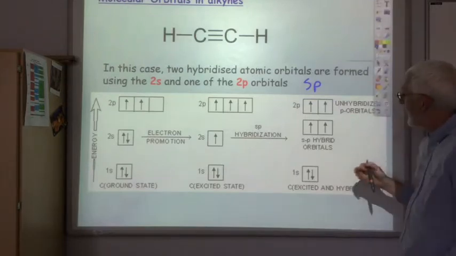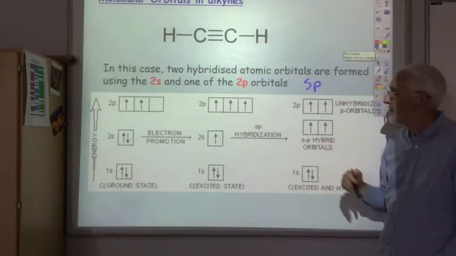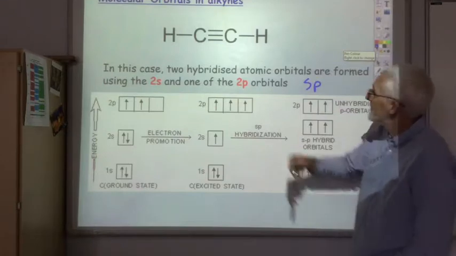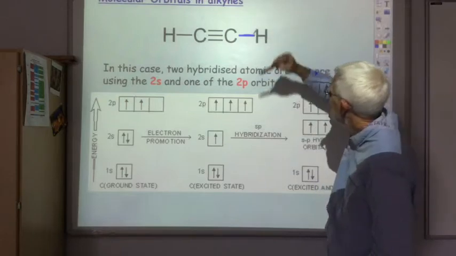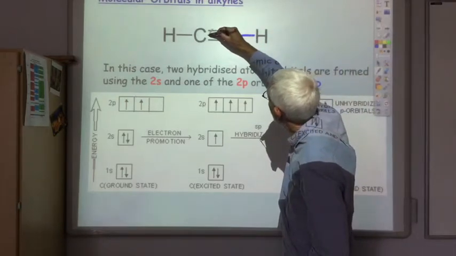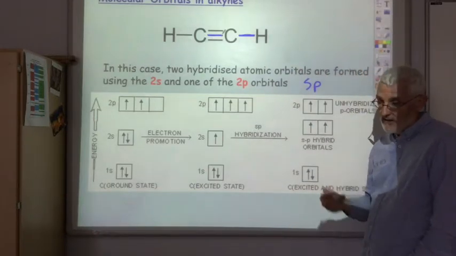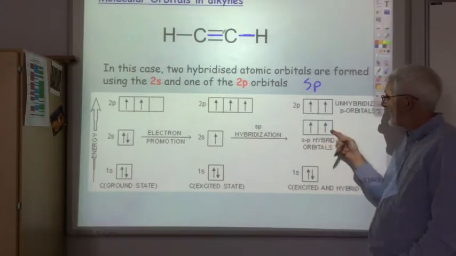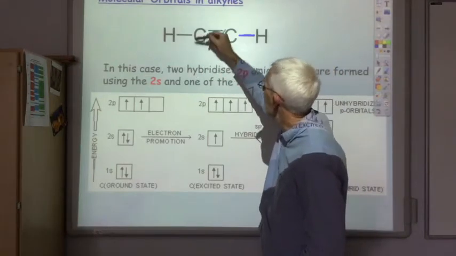So, as before, the hybridized orbitals form sigma bonds with end-on overlap. So that carbon-hydrogen bond there would be a sigma bond, and one of these carbon-carbon bonds would be a sigma bond formed by the end-on overlap of the hybridized orbitals. Again, this carbon has got one there and one there.